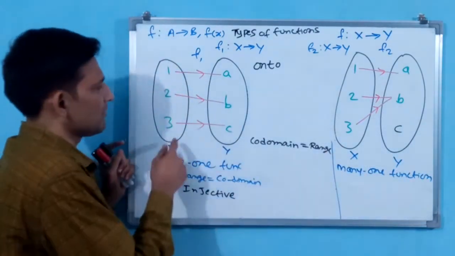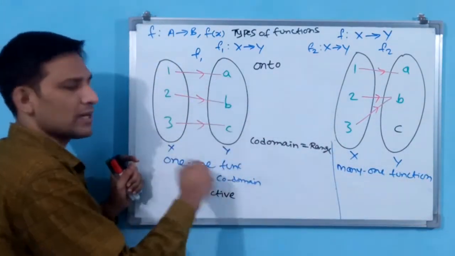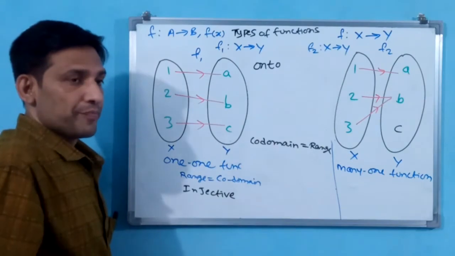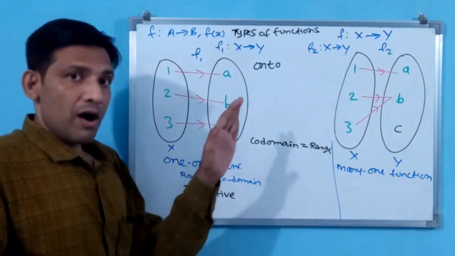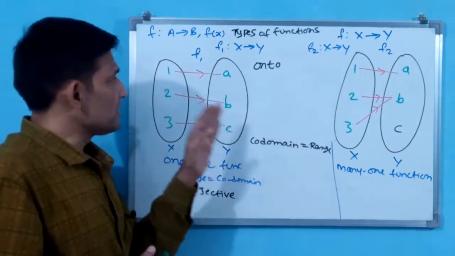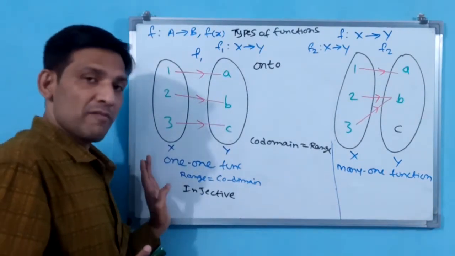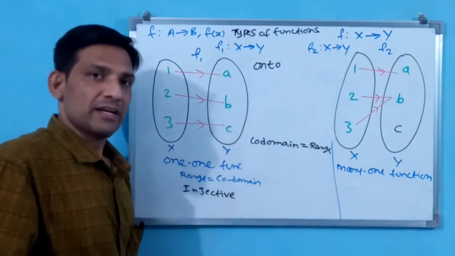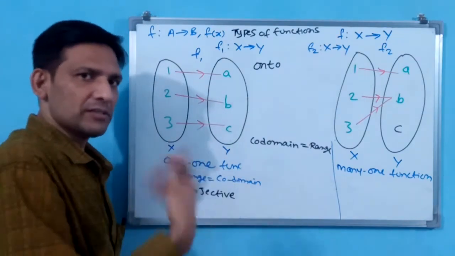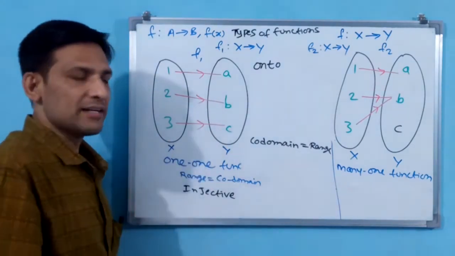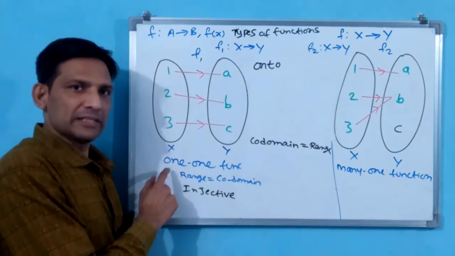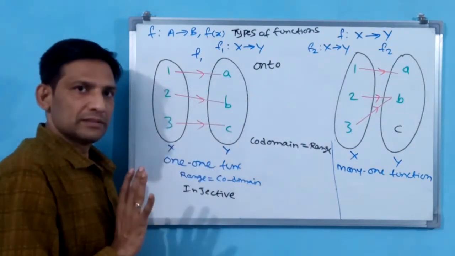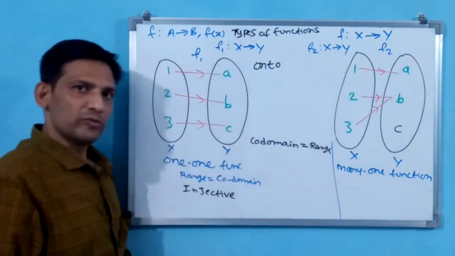This is an onto function. Why? Because here codomain and range both are the same. An onto function may be there, but may not be one-one function. Okay, both types are there. I am going to write all the types. First, let us understand. We have understood one-one function. Many-one function also we understood.